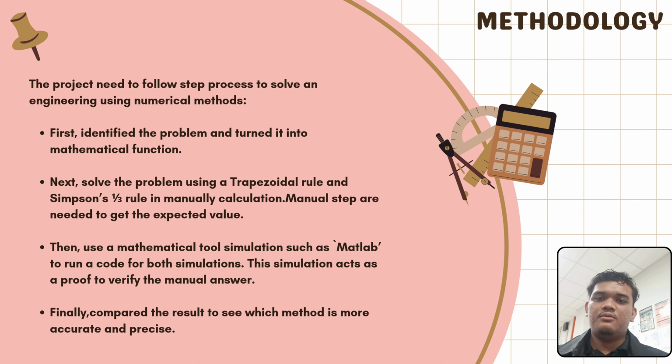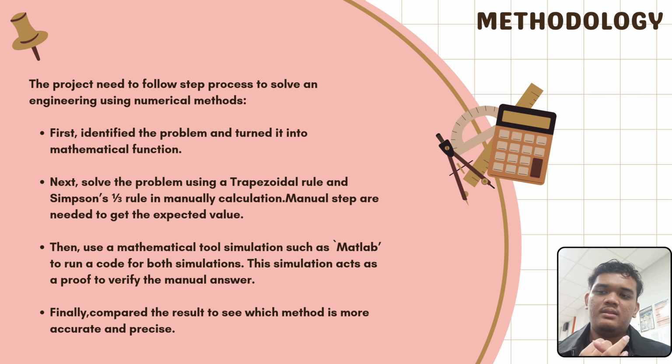My last part is the methodology. The project needs to follow a step process to solve an engineering problem using numerical methods. First, identify the problem and turn it into a mathematical function.